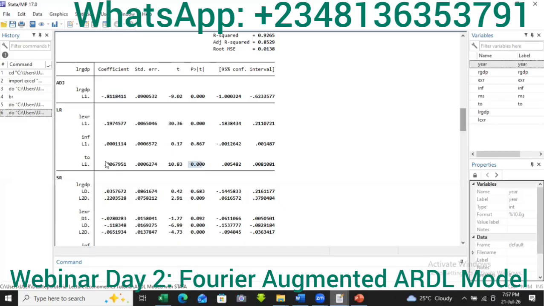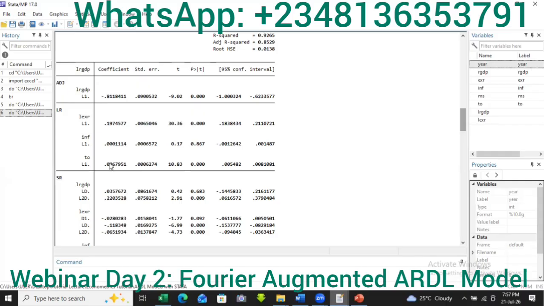In terms of magnitude, trade openness is in percentage, that is, it is not log, but the dependent variable is log. To interpret the coefficient of the independent variable that is not log, we are going to multiply the coefficient by 100. Why? Because the dependent variable is log.